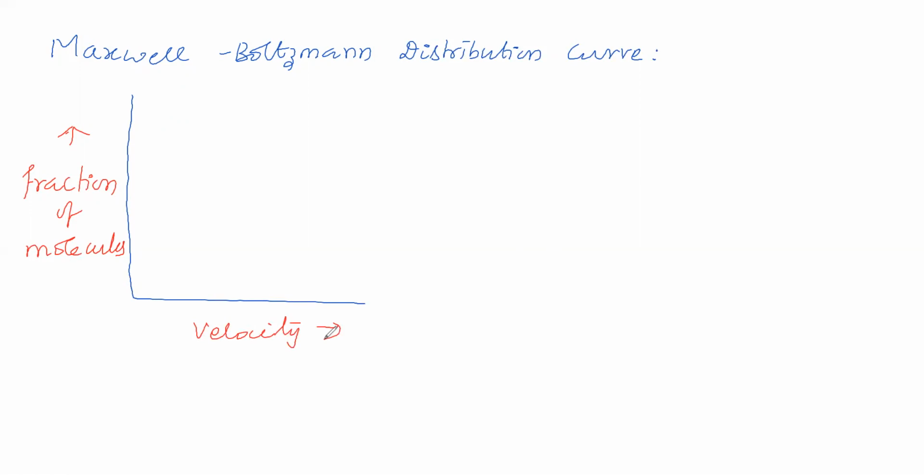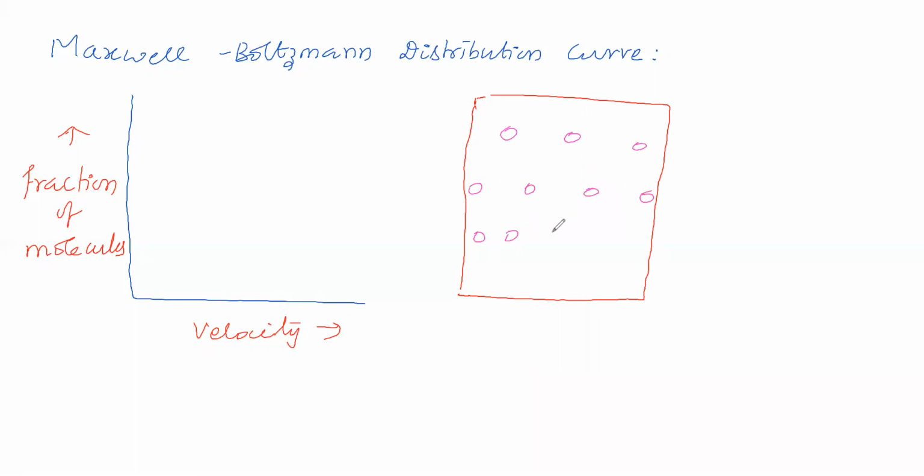Okay. Now we will consider a gas. Gas contains many molecules. What is the velocity of all the molecules? Will it be same or different? Now here we are considering gaseous molecules present. The gaseous molecules move in a random direction, random way.